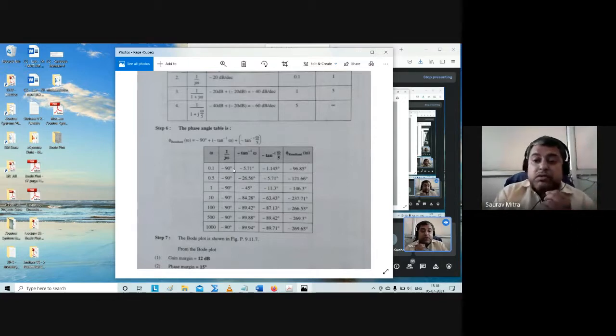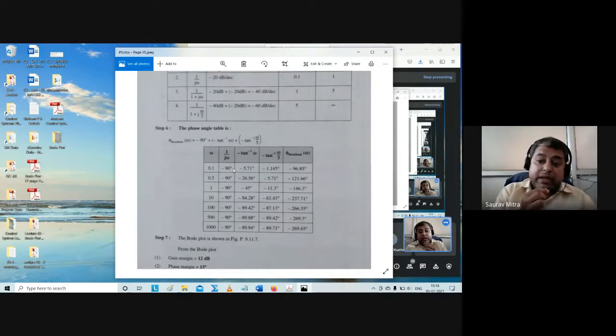Why? Because 1 by S, S means j omega, that means 0 plus j omega, that means tan inverse omega by 0. Tan inverse omega by 0 is infinity, and tan inverse infinity is equal to 90 degrees. And as this is in the denominator, a minus always comes. So 1 by j omega means minus 90 degrees.